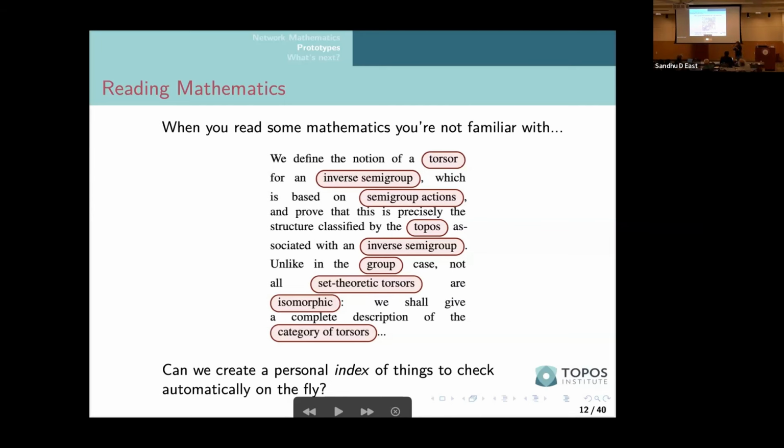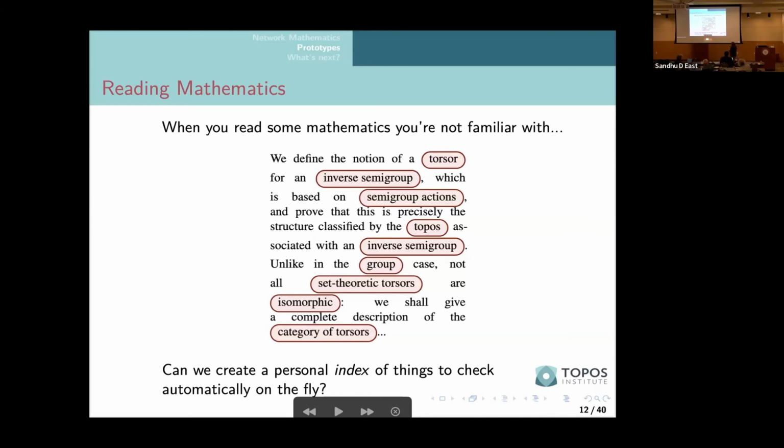If it's not your kind of mathematics, you go reading the stuff to see the gist of it, marking in your head the things that you don't know and need to discover. You might know very well what an inverse semigroup is if you're Peter, but you might not be particularly excited about the category of torsos. So you might say, okay, let me check what they mean by category of torsos in this.